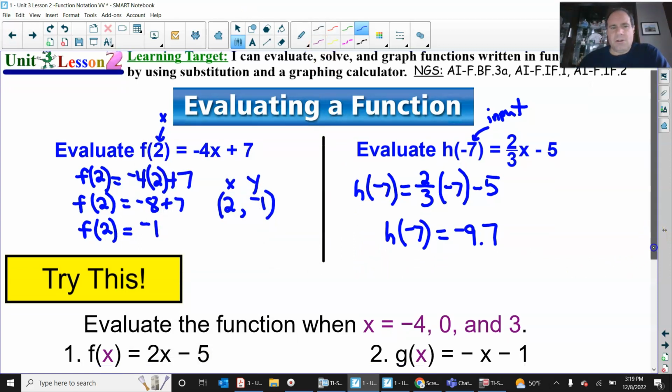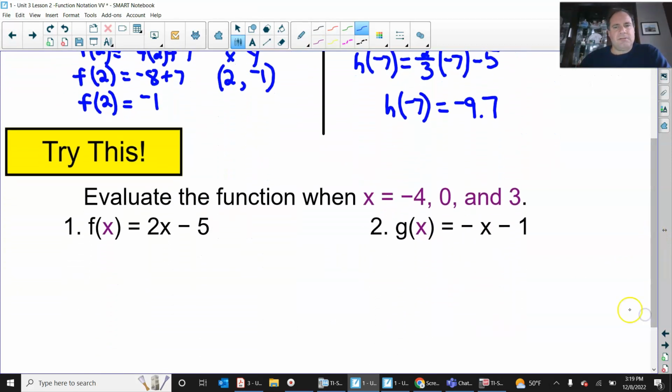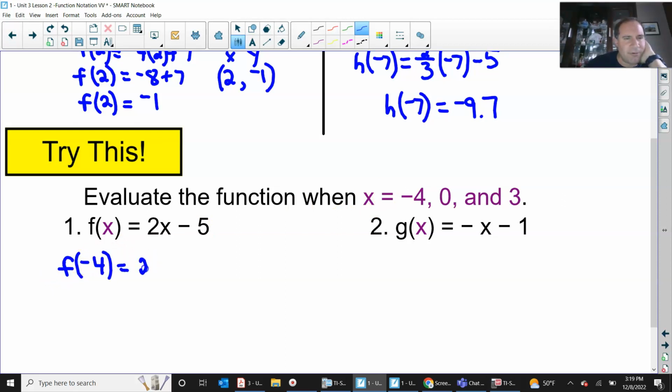Okay, try this. Evaluate the function when x equals negative 4, 0, and 3. Remember, instead of f of x, we're going to go to negative 4 first. We substitute the negative 4 in. When we write it, it's 2 times negative 4 minus 5. So f of negative 4 equals negative 8 minus 5.